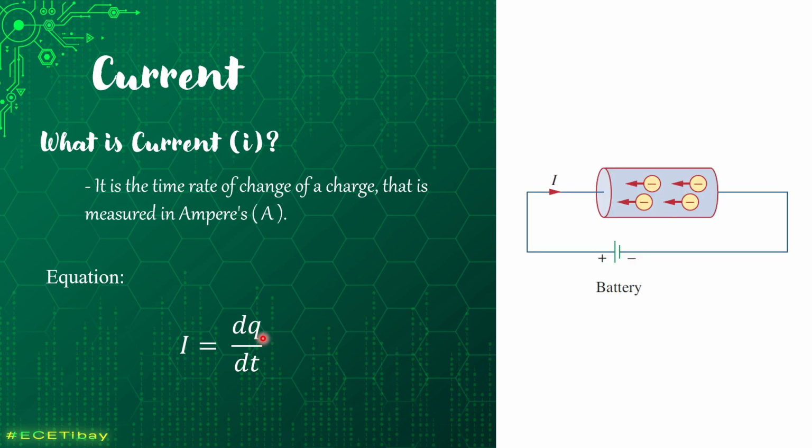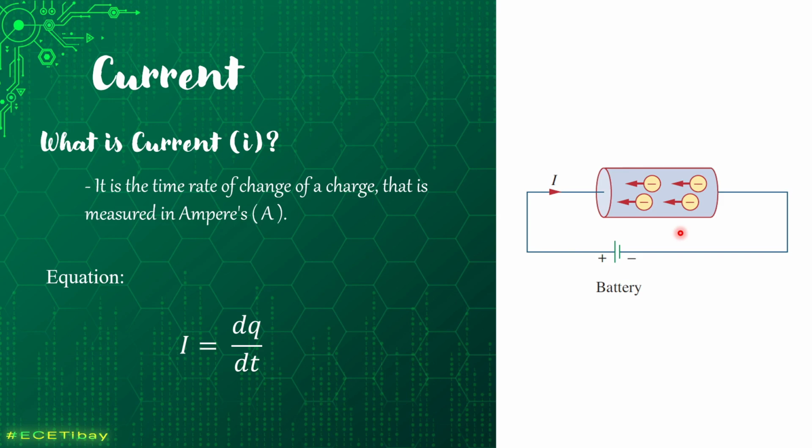How is current measured? For example, a similar figure as earlier, but with an arrow to point out which direction the electrons are flowing. I stated earlier that charge is the measure of how many electrons exist in that particular area. Now, if those electrons move in a certain direction, it means there is a flow of electrons.